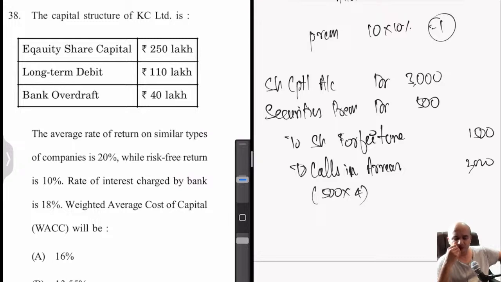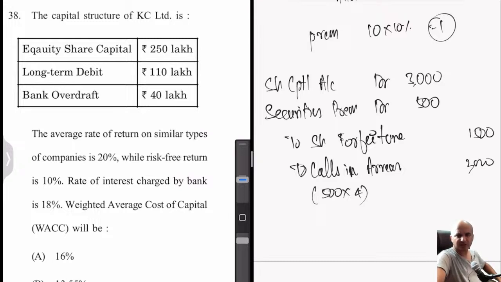There is no beta also, no? How to identify here? Cost of capital is not given. Cost of equity basically. Long-term debt rate is also not given.